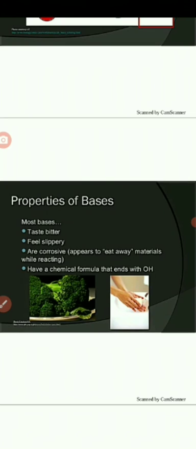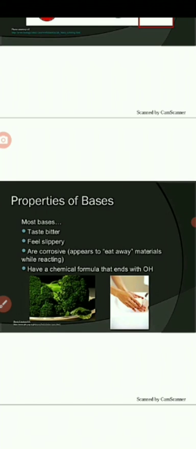Then the properties of bases. Most bases are bitter in taste, and they feel slippery, that is smooth. They are corrosive and appear to eat away materials.